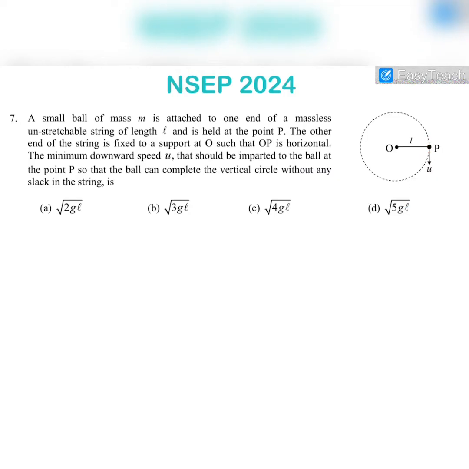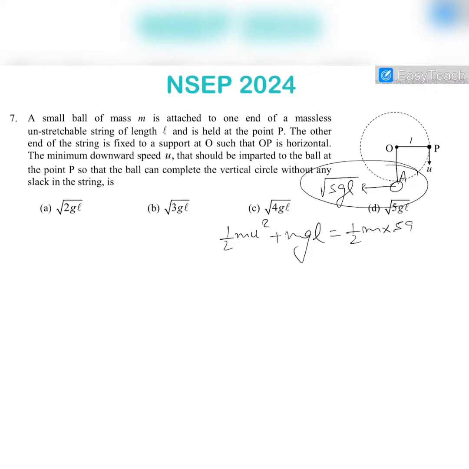Obviously, we know that for completing the vertical circle, the required velocity at the lowest point with the string is under root 5 gl. So let us apply the energy conservation between point P and this point, let us name it as A. So we know that half mu square is the kinetic energy given at this position, plus work done by mg is mgl, is equal to energy at A, which is half mv square, with v square being 5gl.